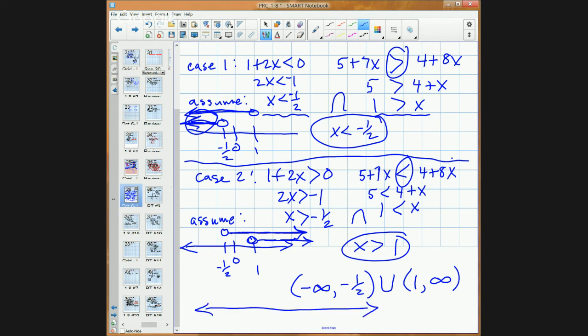0, negative 1, negative 1/2, 1. So what we're saying is, there's the one part of the answer, and then the other part of the answer.